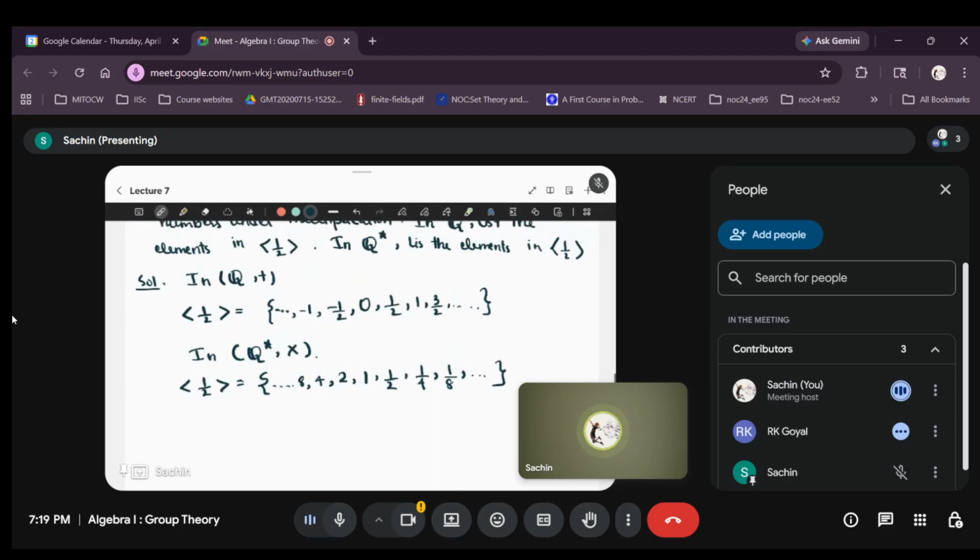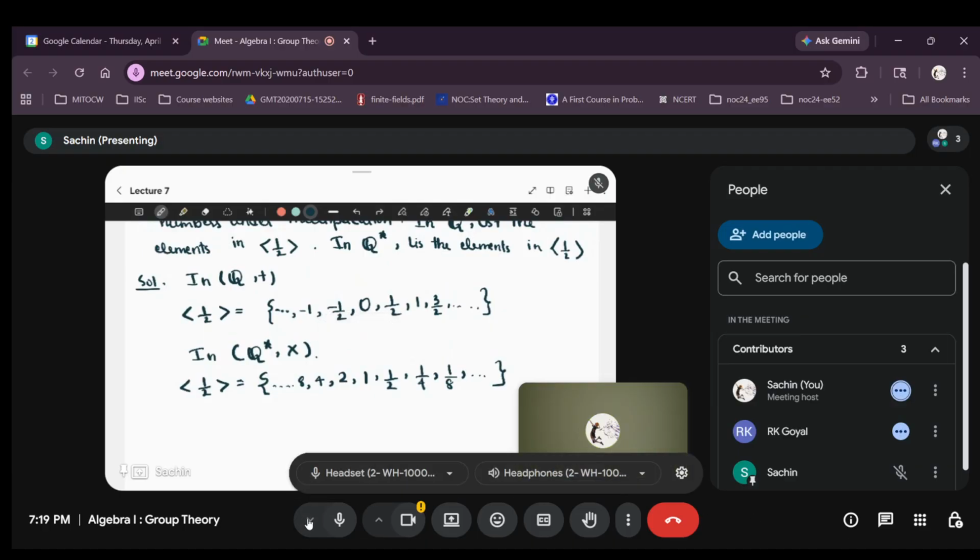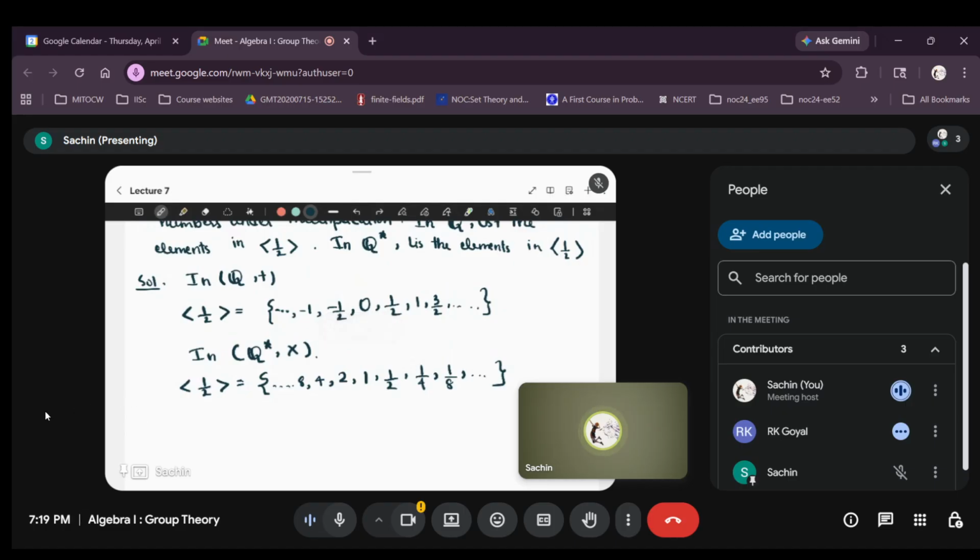It doesn't mean anything if I don't tell you what group the half is coming from and what operation I am using. It only makes sense given the context of whether it is rational numbers under addition or non-zero rational numbers under multiplication.